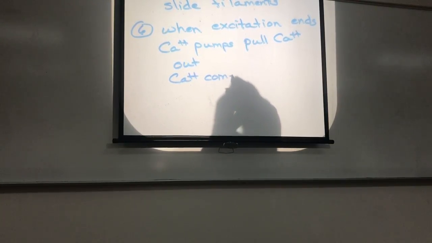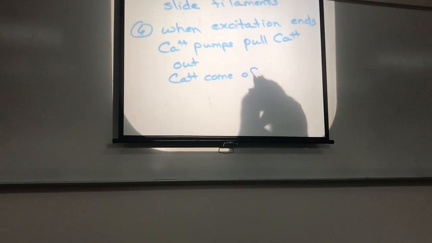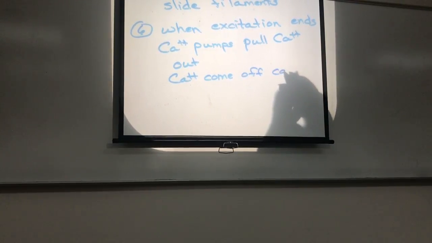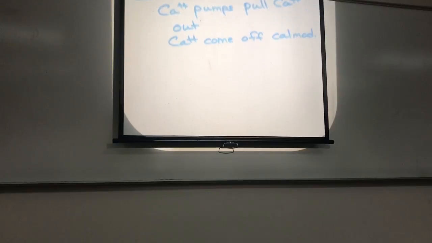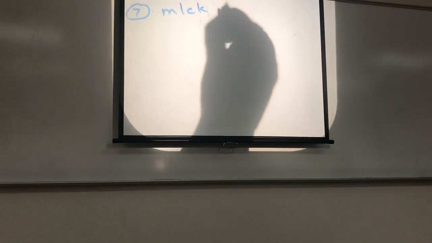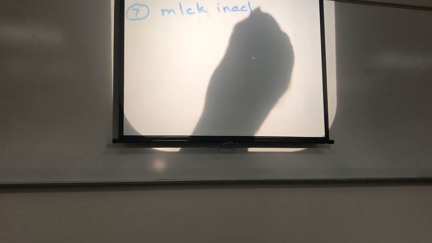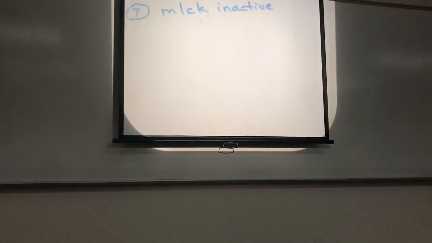And that means the calcium is going to come off the calmodulin. That in turn is going to inactivate the myosin light chain kinase. If the calmodulin doesn't have calcium, it can't activate the myosin light chain kinase.